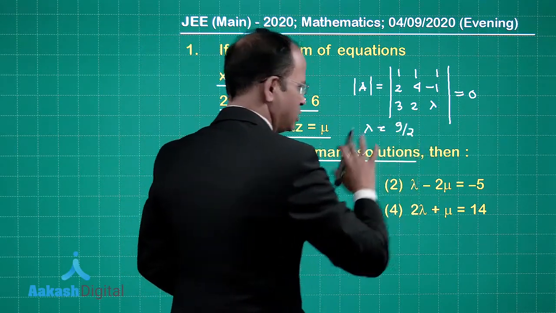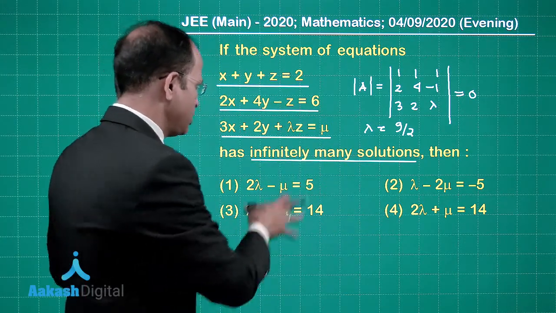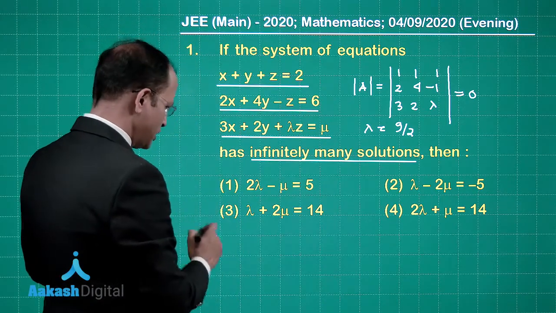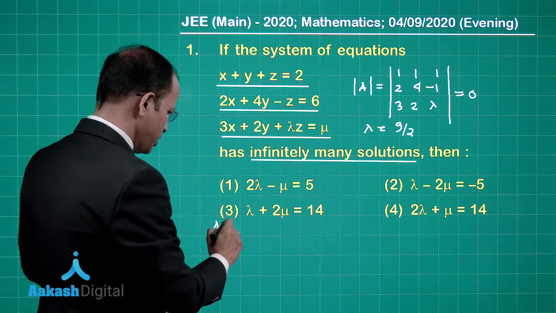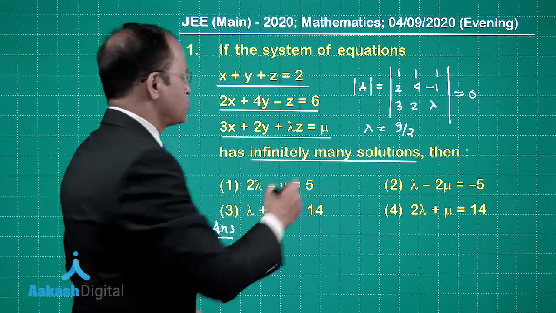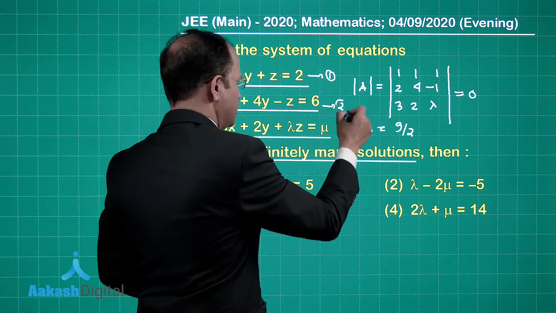It's a simple calculation. Now once we get the value of lambda, basically we have to get the value of mu also. So we can just simply substitute lambda here. Let me take this as equation number 1, this equation number 2, and this equation number 3.